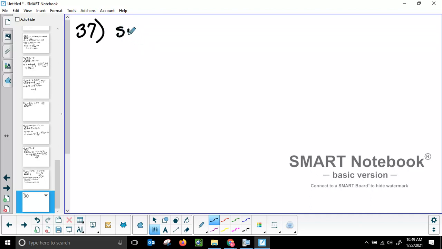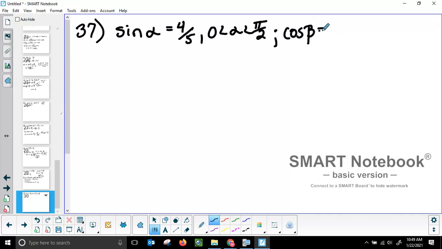So if sine of alpha is equal to 4/5, and alpha is between 0 and pi/2, and cosine of beta is equal to -5/13, and beta is between pi/2 and pi. All right, find each of the following.